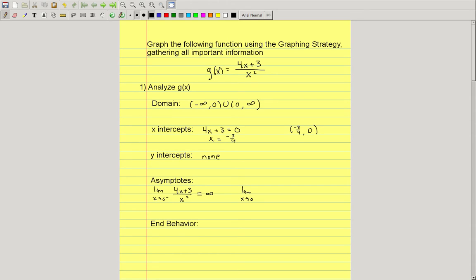We get a similar effect if we take the limit as we approach 0 from the right. And since everything is positive, this limit is going to be infinity as well. For the end behavior of our function, we take the limit as we approach positive and negative infinity. As we go towards negative infinity, because the power of the denominator is greater, we see that it dominates the behavior in the cases of very large numbers, and we get that the limit is equal to 0.